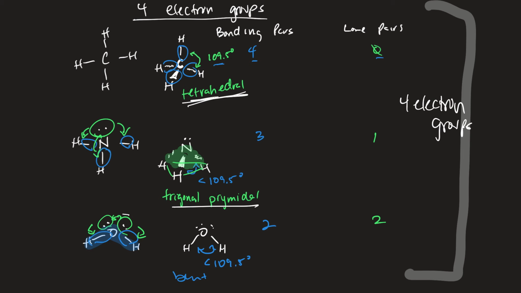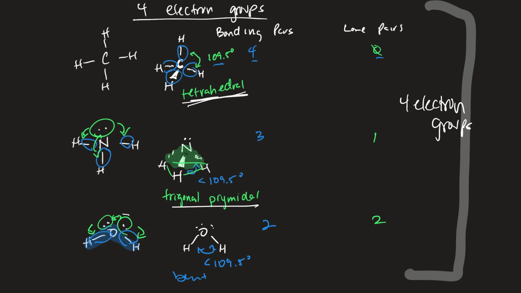Yes, this all has to be memorized, but if you categorize in your mind, something that has 2 electron groups, 3 electron groups, there's 2 deviations of it, where you have all bonding pairs, and then you have 1 that's a lone pair.